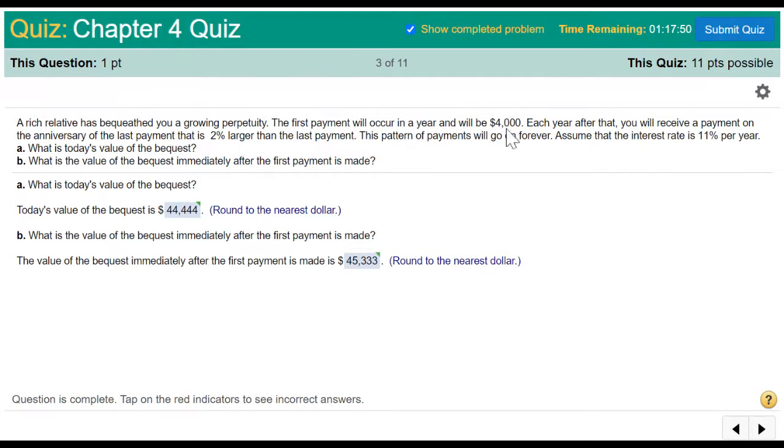So this is going to be 4,000 divided by 0.09. So this is growing, right? So you're going to say 4,000 times 1.02, and then divided by 0.11 minus 0.02, and you're going to come up with this number.